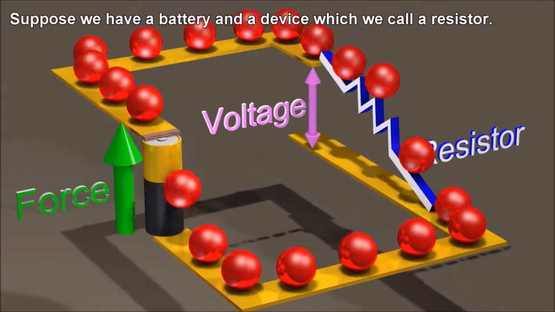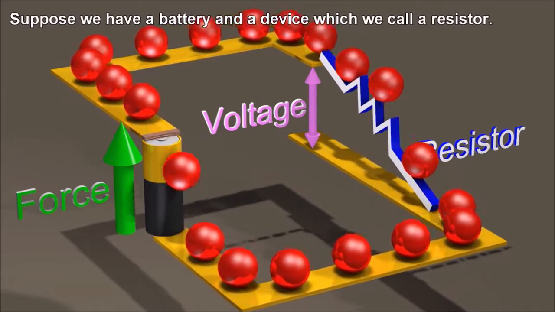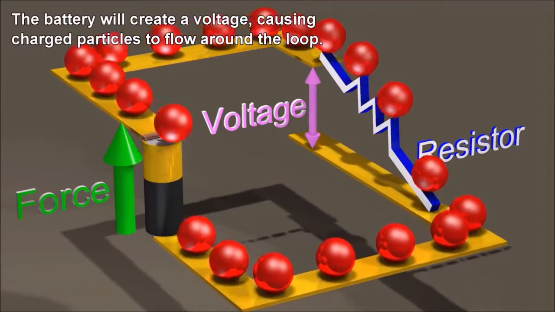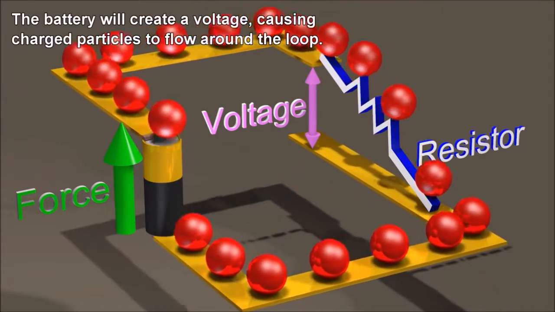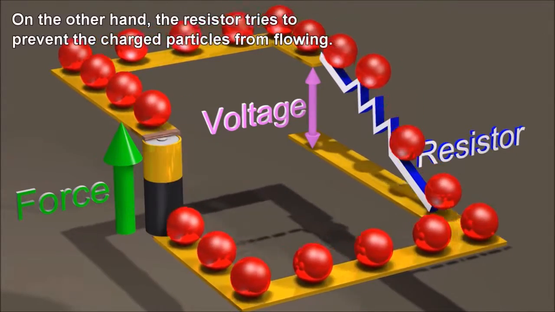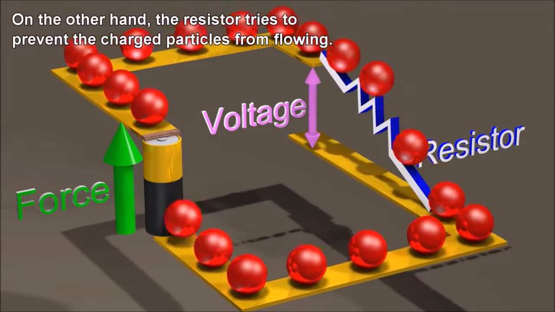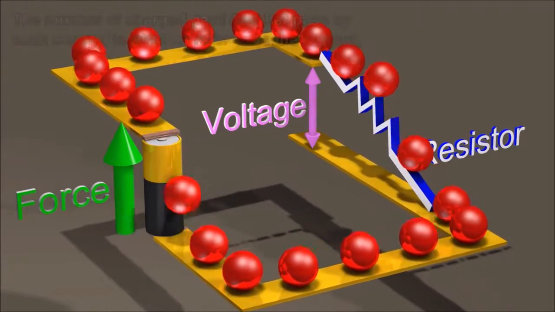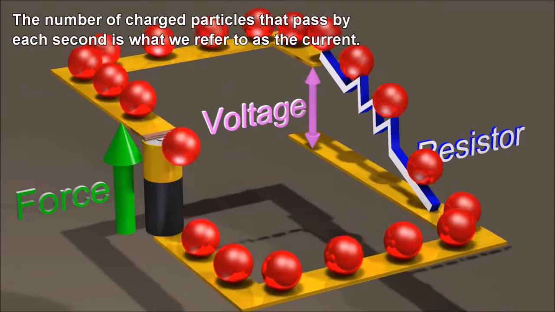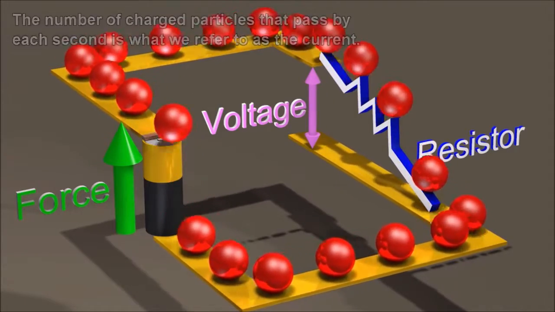Suppose we have a battery and a device which we call a resistor. The battery will create a voltage, causing charged particles to flow around the loop. On the other hand, the resistor tries to prevent the charged particles from flowing. The number of charged particles that pass by each second is what we refer to as the current.